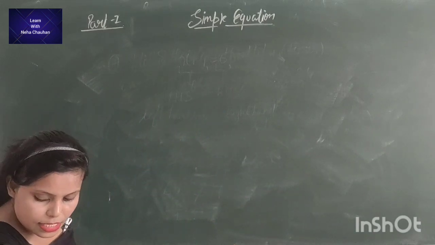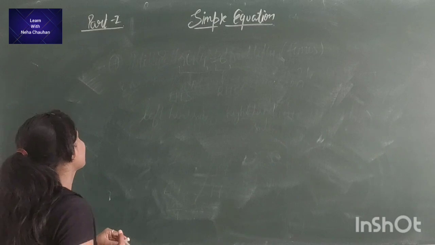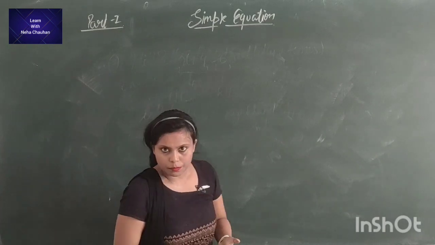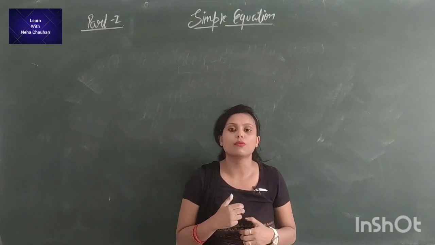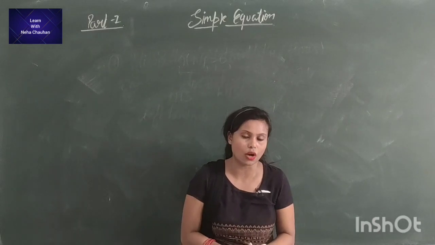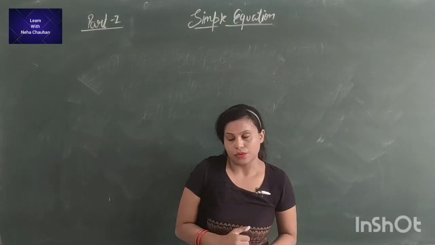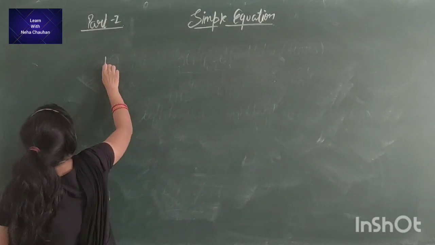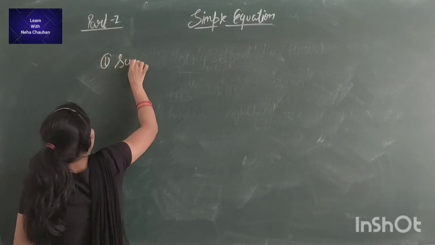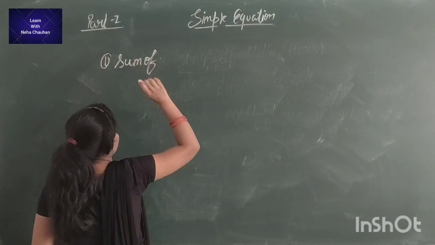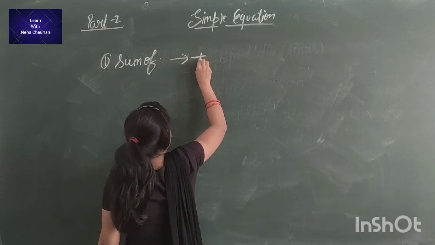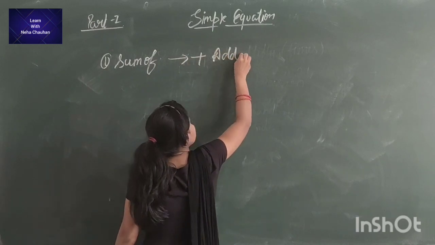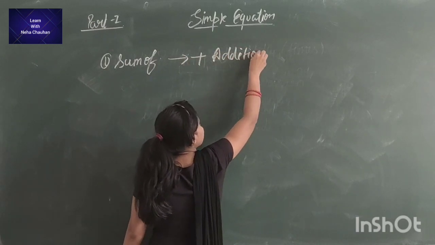Okay, let's have a look. When statements are given, there are some words which help in the formation of an equation. Okay, so first is sum of. Sum of means plus or addition, right?